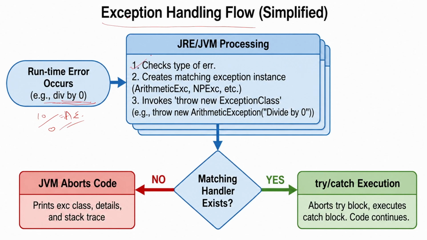The first step is it will check which type of error it is. We have seen in the hierarchy that Throwable is the parent class, out of which Error and Exception are child classes. So it will bifurcate which category it belongs to, and it will say it belongs to the Exception class.